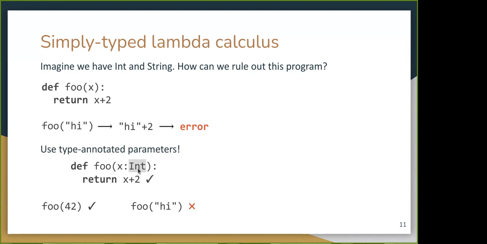Then the type checker will check that this is a legal operation, assuming that the variable argument x has type int. So it will say, yes, your foo function is good. If we call foo with 42, it's obviously good. But when we call it with a string, the type checker will tell us before we run the program that this is a bad program. We don't want to allow it.